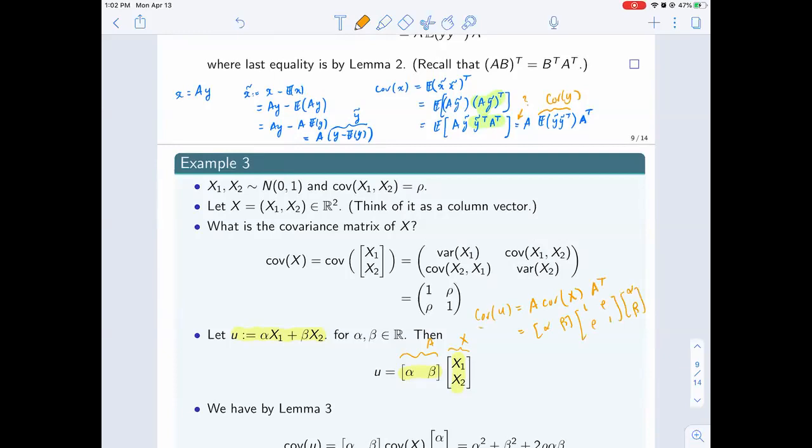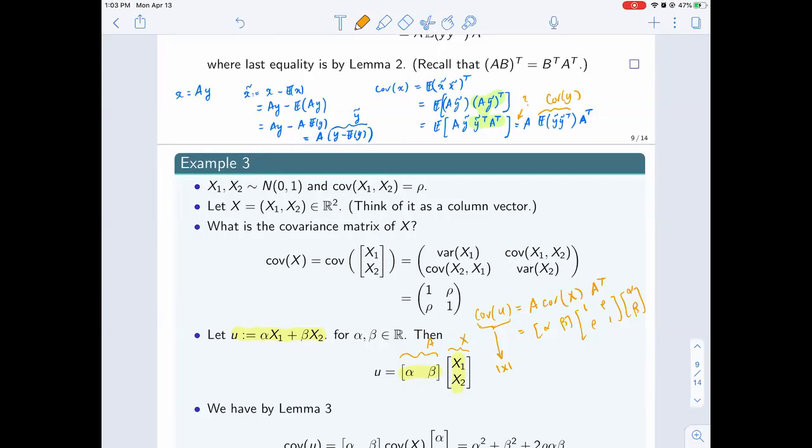So what is the dimension of covariance of U? One by one. Yes. So what is it exactly? It's just a real number. Does it have a specific name? Correlation. Correlation of what? I don't really remember.